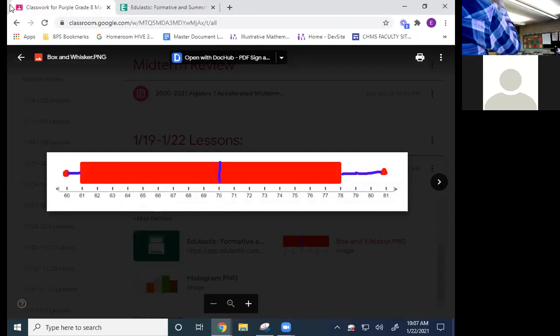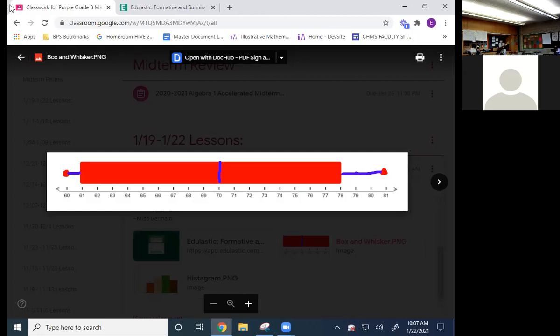Then I used the little drawing tool and drew my minimum dot at 60 and my maximum dot at 81. I used a different color to connect them to make my whisker. Then I drew my median line at my median value, which was 70. Okay, that was that one there.